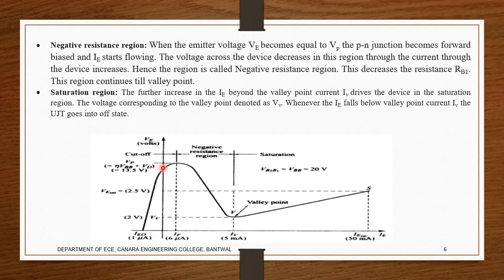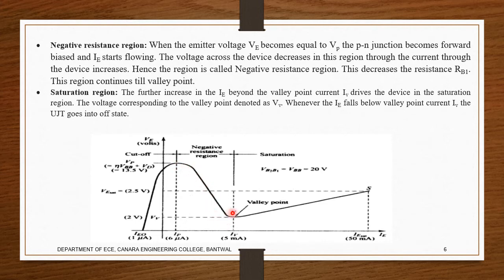A small amount of reverse saturation current IEO flows through this device. You can see this is the IEO, the reverse current flowing until here. After here, once VP equals VE is reached, it comes into the negative resistance region.